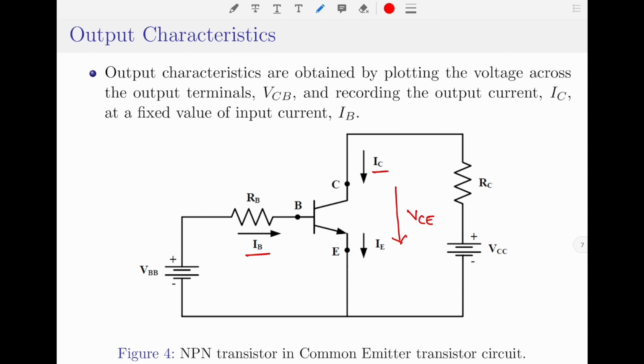So, for the output characteristic curves, the x-axis will be the voltage across the output terminals, which is VCE. Y-axis will be the output current, which is IC, and these values are to be recorded for a fixed value of input current IB.